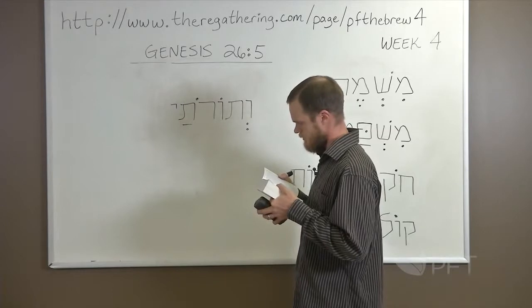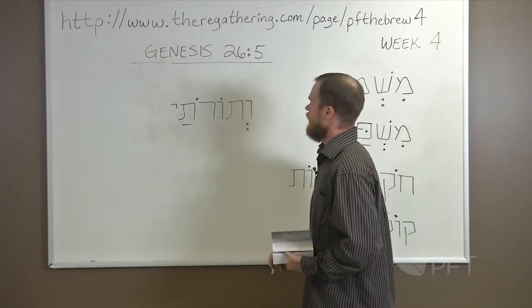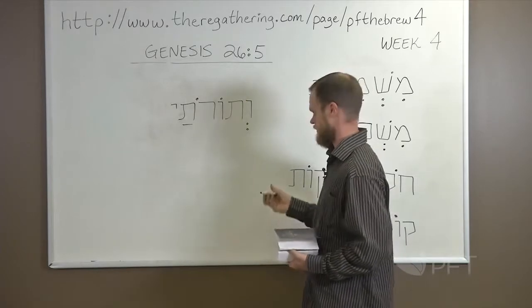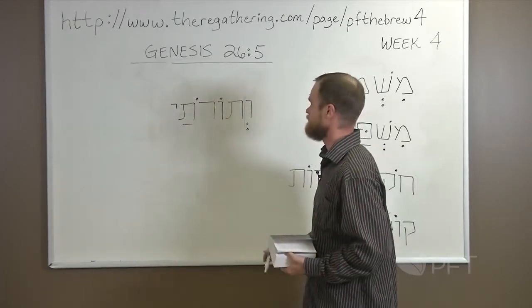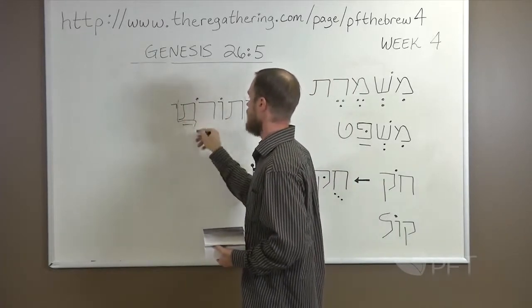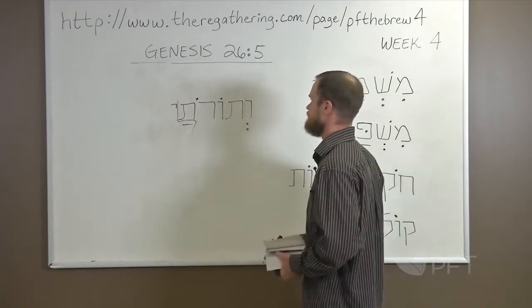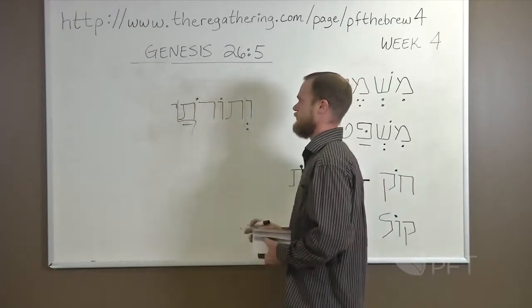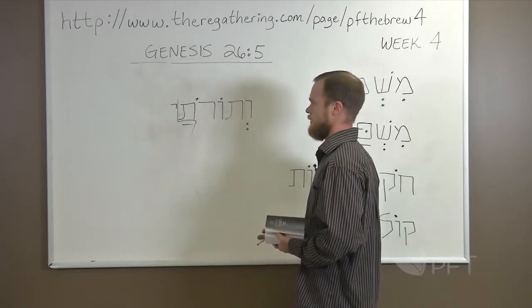Yes. All right, so what's this word? Take the vav off the beginning right away. The I ending off right away. Okay, torot. It's the defective plural of Torah. And Torah, of course, is a code or body of laws.